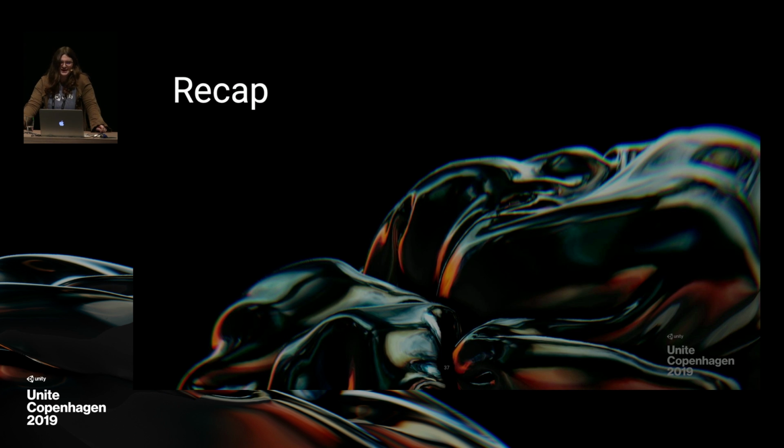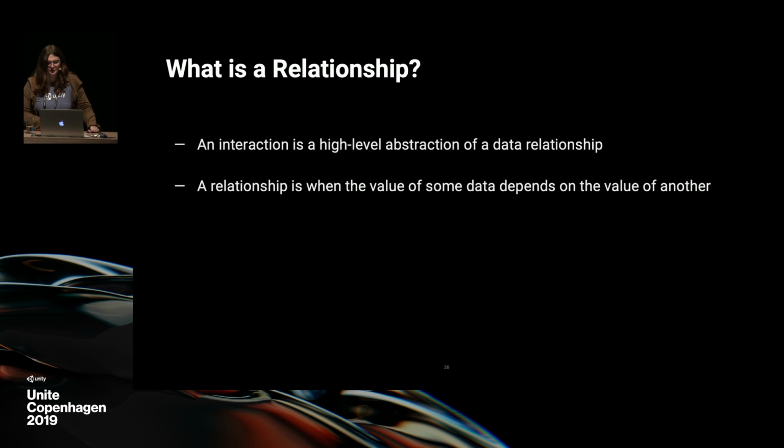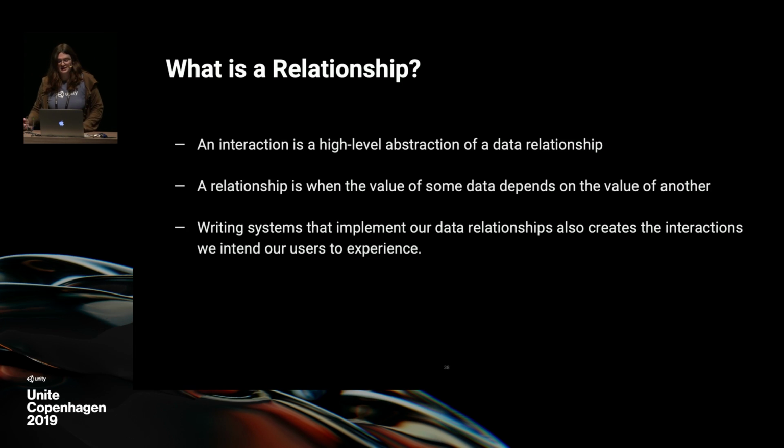Okay, let's recap what we talked about today. Interactions are an object-oriented way to think about what is implicitly a relationship. Relationships are whenever the value of some data depends on the value of another piece of data. And by implementing relationships, we implement the interactions our users experience.